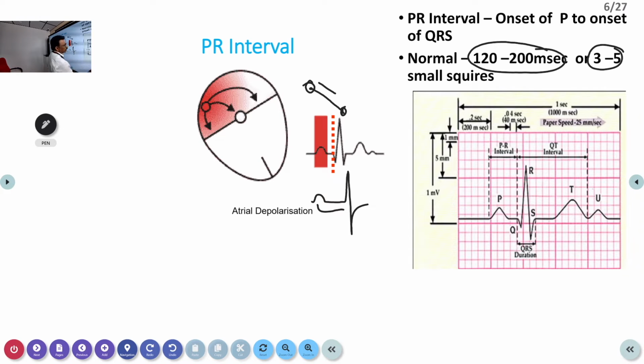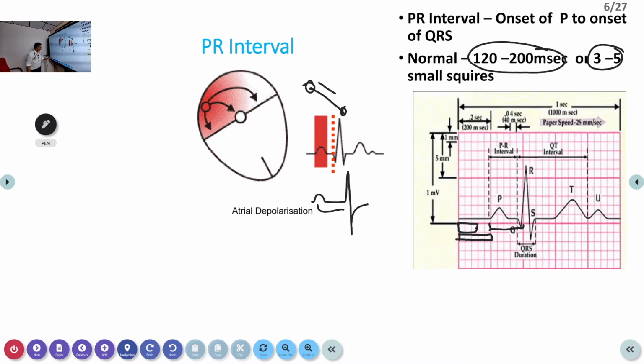This is one small square, second, third, fourth, and fifth small square. So it is in between. 3 is this one, 5 squares is this one. The minimum is 3 squares, the maximum is 5 squares.